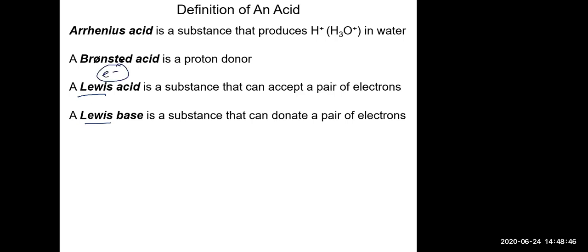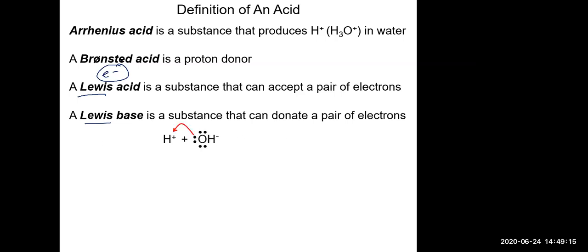So Lewis came up with a definition of an acid and base that oddly dealt with electrons. A Lewis acid is a substance that will accept a pair of electrons. And a Lewis base is one that will donate a pair of electrons. So it's the opposite of Bronsted-Lowry in the sense of donating and accepting for your acid and base, but also dealing with electrons here.